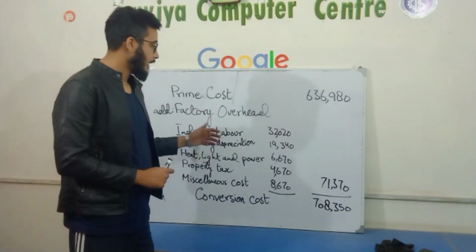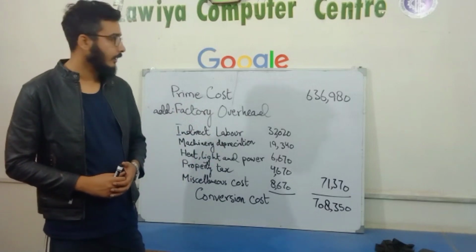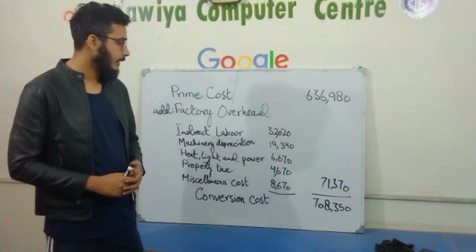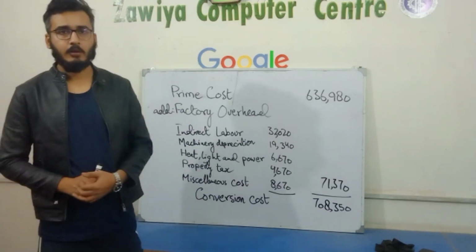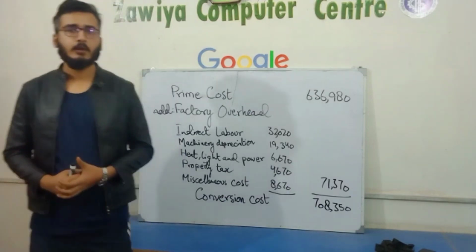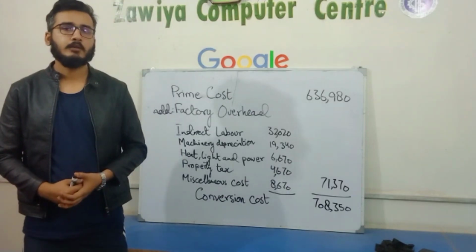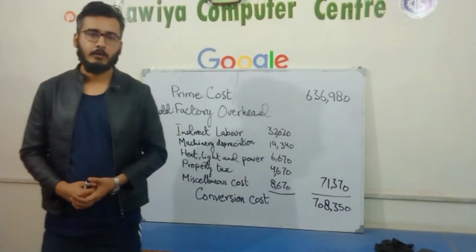Then by adding 71,370 to the prime cost, we shall get 708,350 as conversion cost. Now what we have to do with all this cost and how to get the cost of production and how to calculate the cost of goods manufactured, let us see.